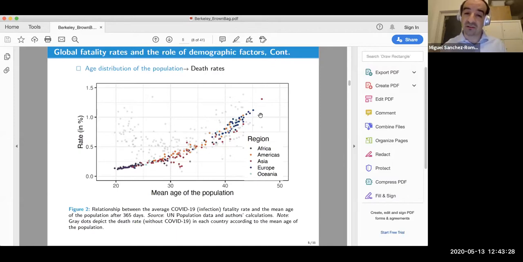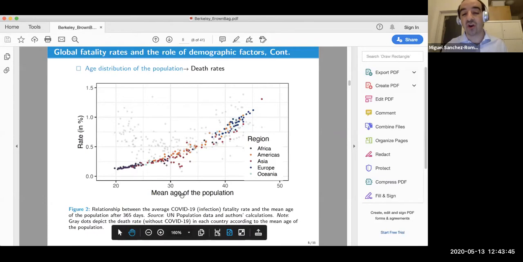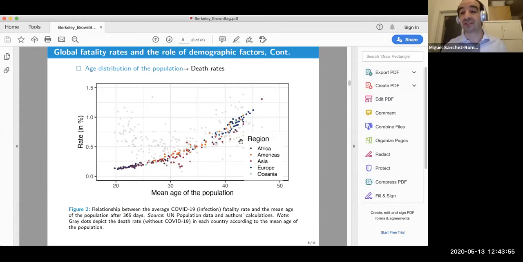We have here, in the blue dots, European countries that are usually older. This dot corresponds to Japan, and the second one is Italy. On the other side, we have those countries with a low mean age of the population, represented mainly by African countries. Now, the gray dots correspond to the non-COVID death rates.